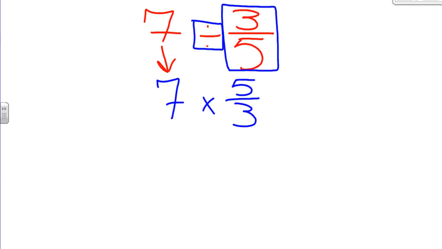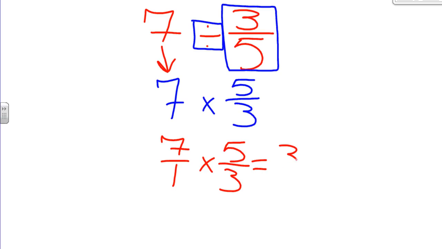Now I'm ready to multiply. I'm going to write this as a fraction, 7 over 1 times 5/3. The next step is to multiply the numerators, since I can't simplify, and multiply the denominators.